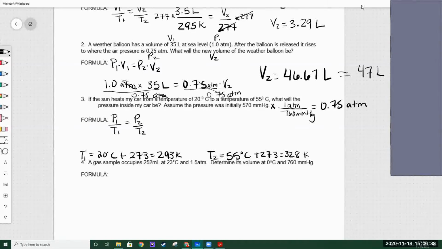So then I would plug it in here and solve for P2. 0.75 over 293, and again, I would multiply both sides by 328 to get rid of it.